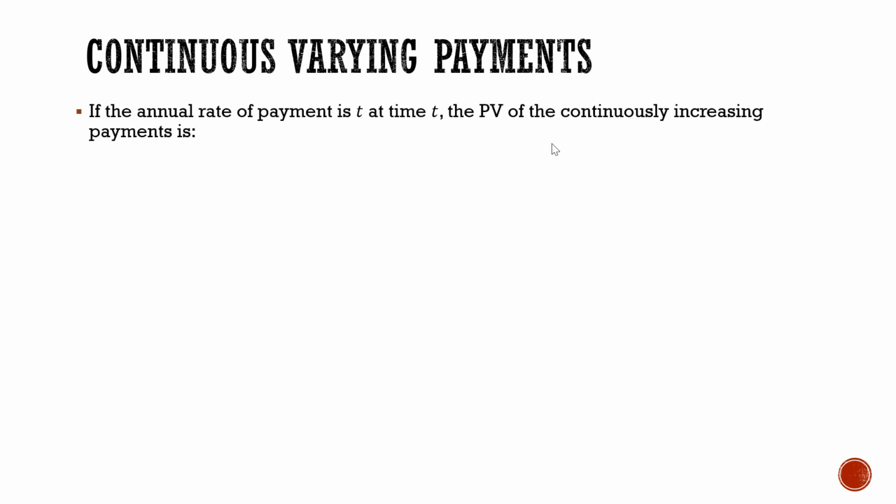If the annual rate of payment is t at time t, the present value of the continuous increasing payment is (Ia bar), it should be (I bar A bar) here. We integrate from 0 to n of t v^t dt. So we have the answer (ā_n minus n v^n) over delta.